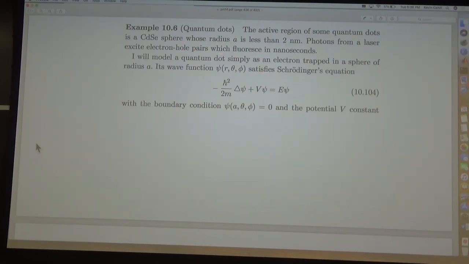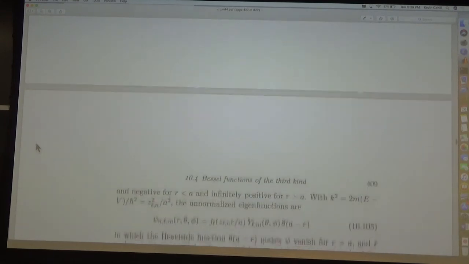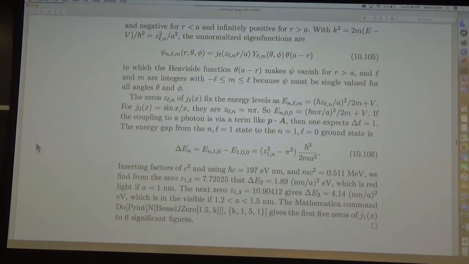If we model a quantum dot as just an electron trapped in a sphere of radius A, then the wave function will satisfy this equation with a boundary condition that the wave function is 0 at A, and one takes the potential V to be constant and negative for R less than A, and infinite and positive for R greater than A. K squared then is 2m(E minus V) over h bar squared.